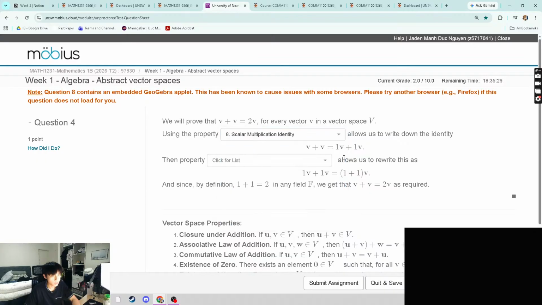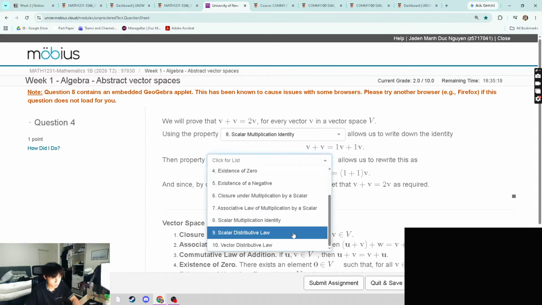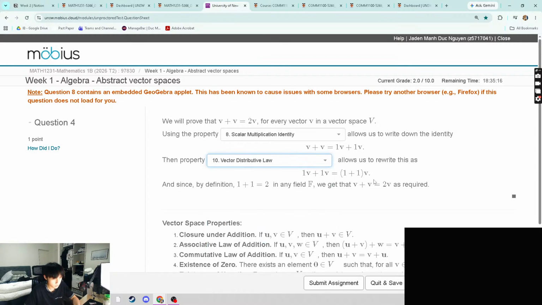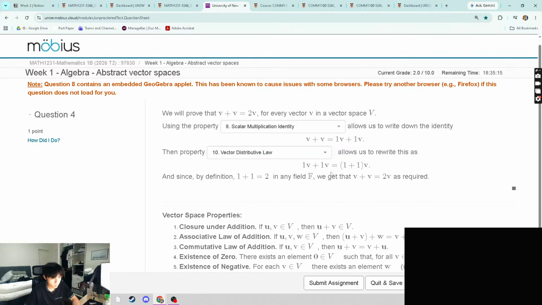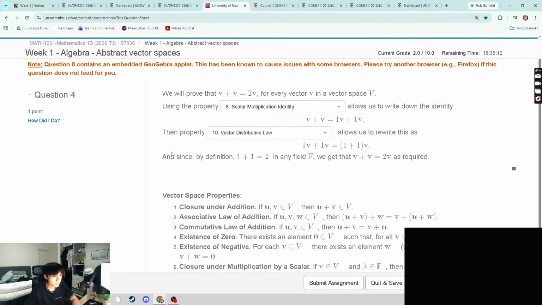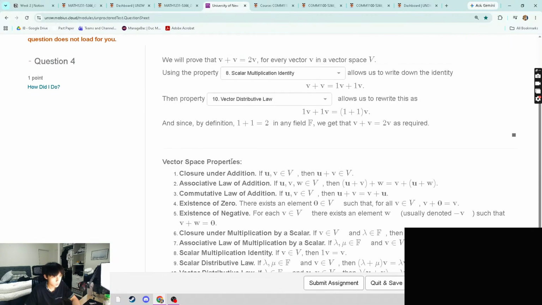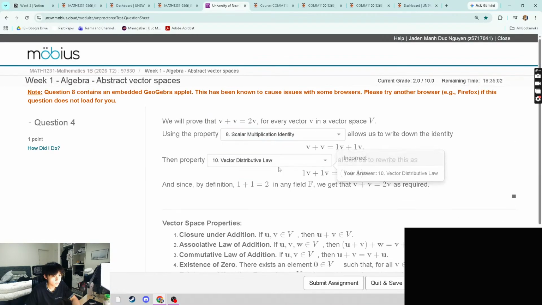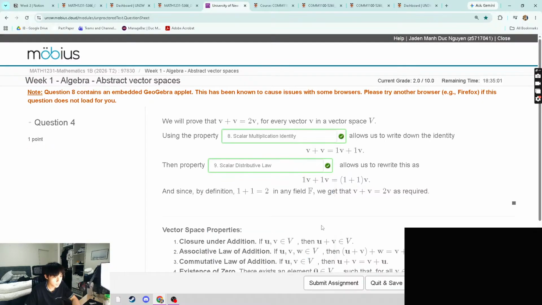Then the property scalar multiplication vector distributive law could help us write like that. And by definition, since 1 plus 1 is 2, we get that v plus v is 2v as required. That's it. Oh, is it scalar distributive law?